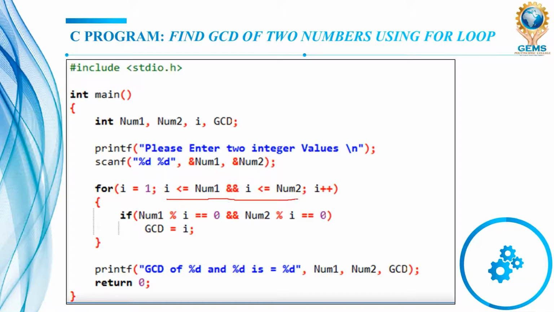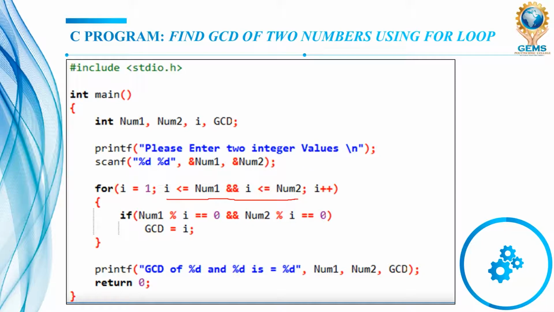This is how it works. The initial value of I is 1. Now checking the condition here, I less than or equal to num1 and I less than or equal to num2. Now the increment: one by one, in each step the value is incrementing. Then we are also using the concept of if.